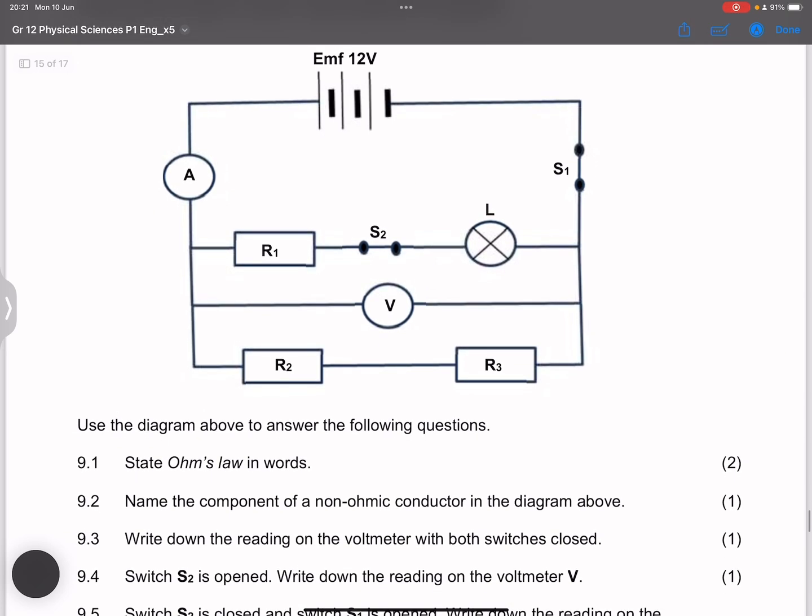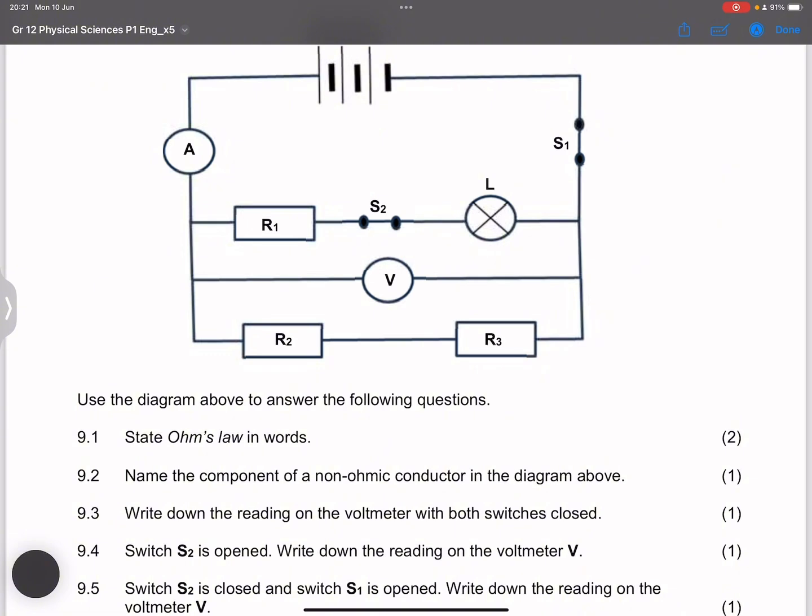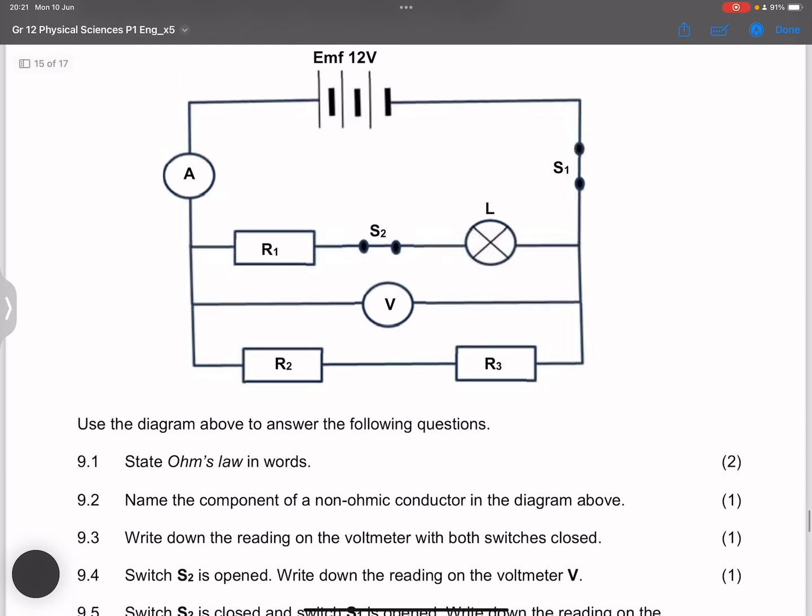So they say name the component of a non-ohmic conductor in this diagram. Remember that a non-ohmic conductor is a conductor that does not obey Ohm's law.